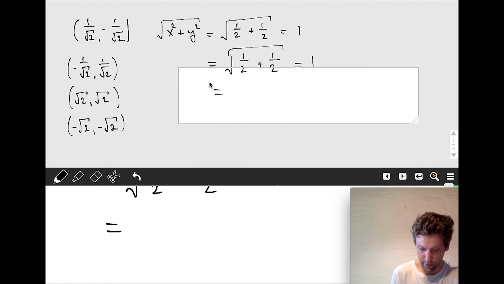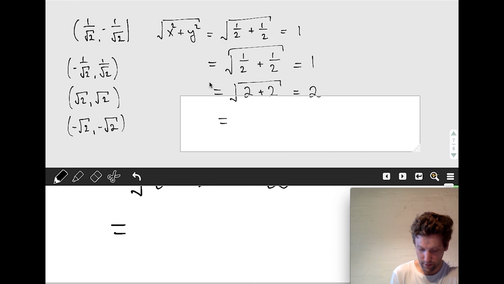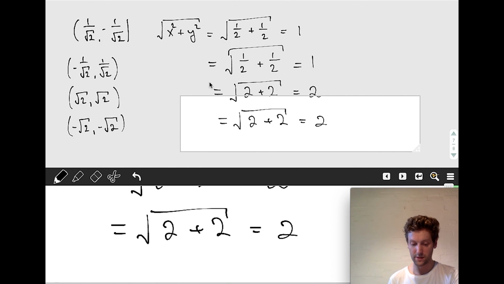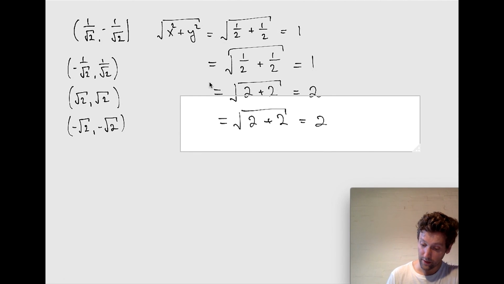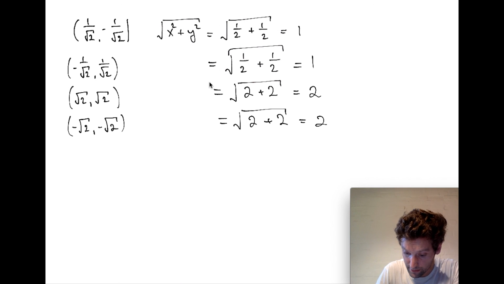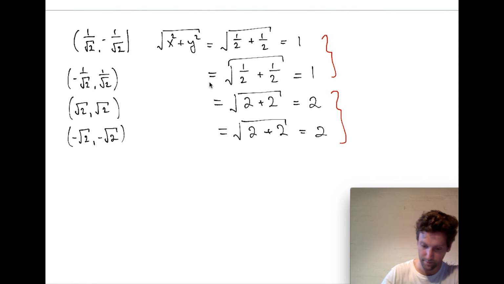For the third point, I get the square root of 2 plus 2, the square root of 4, which is 2. And for the fourth point, I get 2 plus 2, square root of 4, I get a distance of 2. So you can see that there are two sets of points that are minimum distance and two sets of points which are the maximum distance.